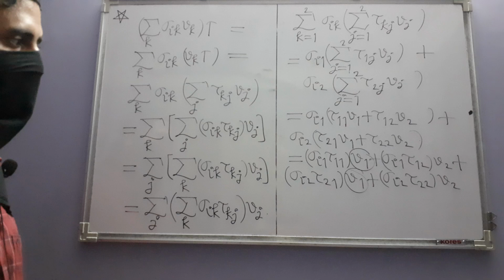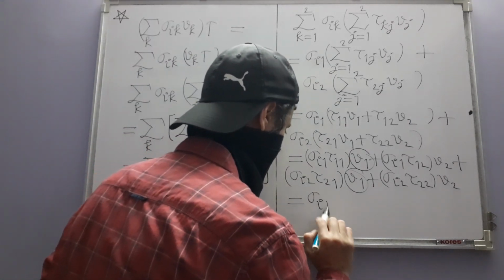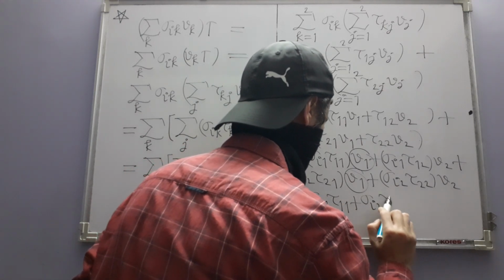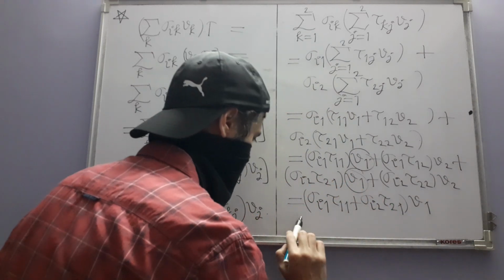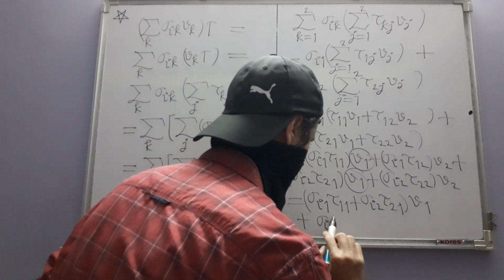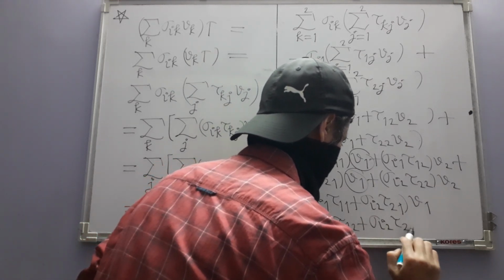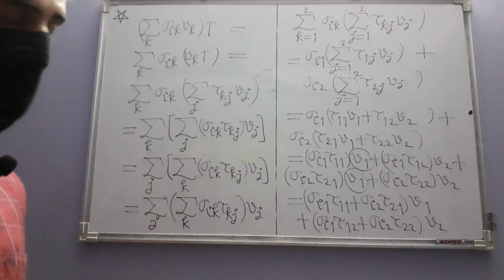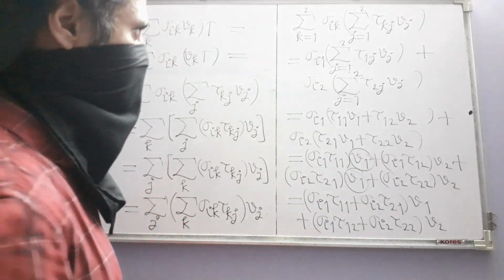From the first term and the third term, you have sigma i1 tau 1 1 plus sigma i2 tau 2 1, times v1, plus, and then from the second and fourth term you get sigma i1 tau 1 2 plus sigma i2 tau 2 2, times v2. Now if you again rewrite these terms using summation notation, what do you get?